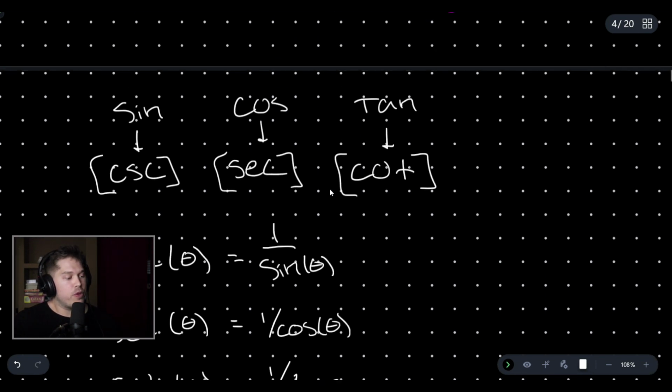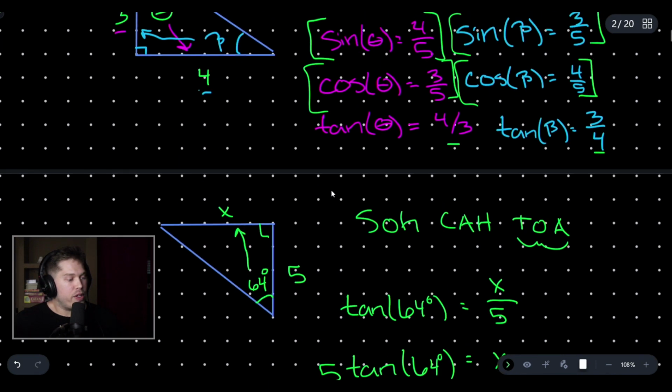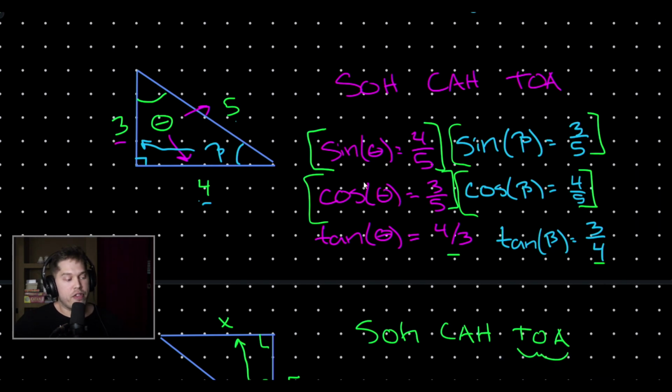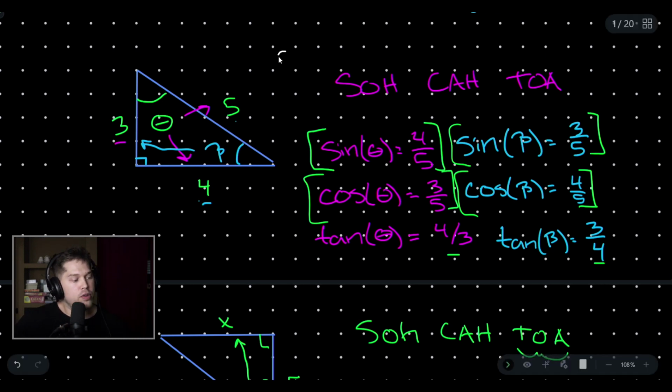So let's go up to the very top. I want you to check this out. Whenever we solved for the sine, cosine, and tangent of theta here, what would you do if I asked for the cosecant, the secant, and the cotangent?